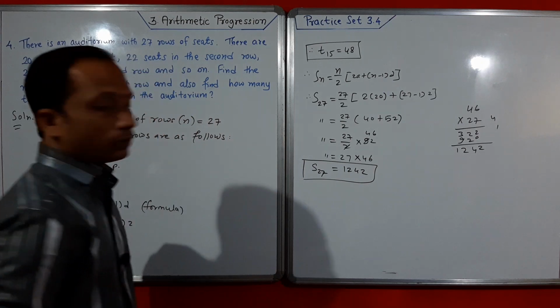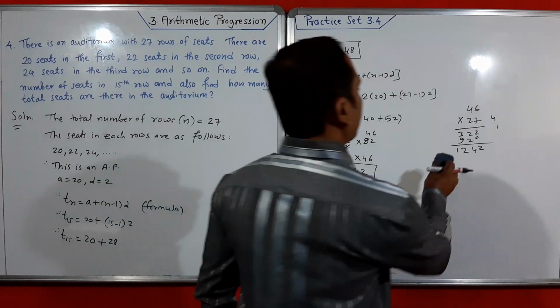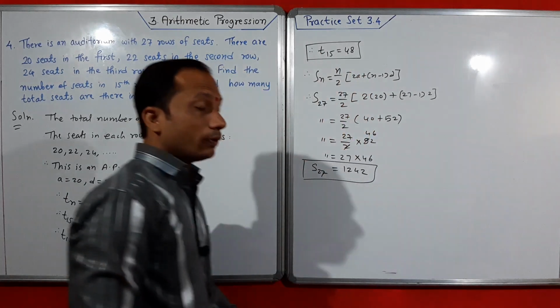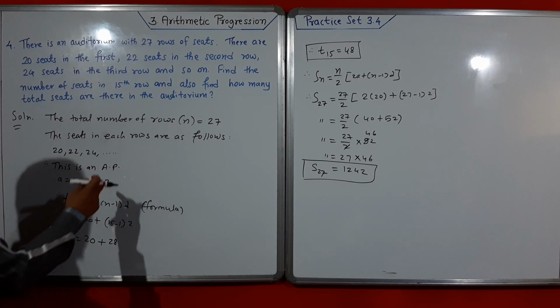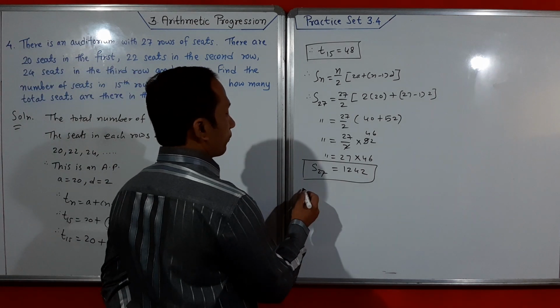So what do we have to write? First we will do rough work, whatever rough work we have done. And what we will do, we will cut this rough. What did we need here? You needed T15, you got it, and S27.